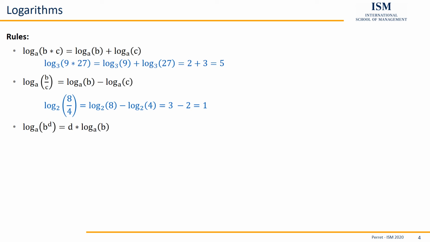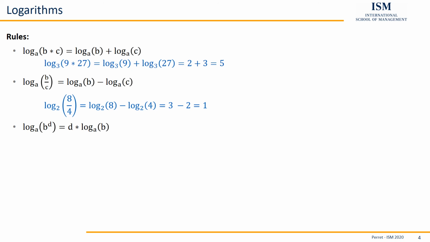And that's why the second rule also makes sense. b divided by c is nothing else than b times c to the power of minus 1. So I first apply the first rule, and then I apply the third rule and pull the minus 1 in front of the log of c to the power of minus 1.